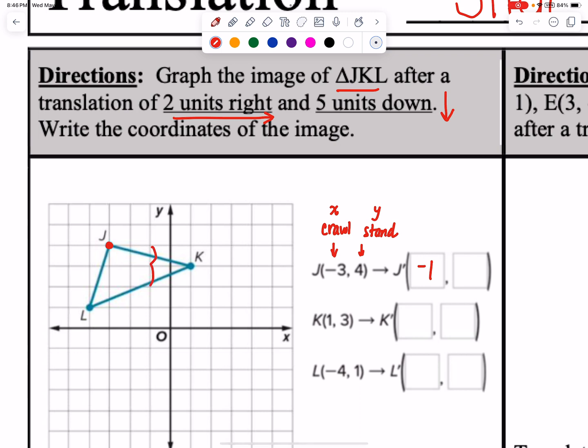So 1, 2, 3, 4, 5. And so we end up right here for J prime. You can see how that works. We end up in this position of -1 and then down to -1.